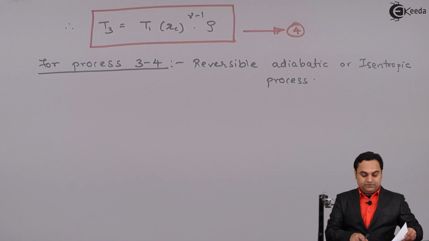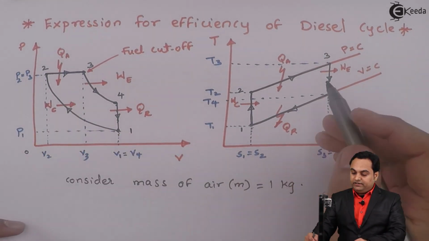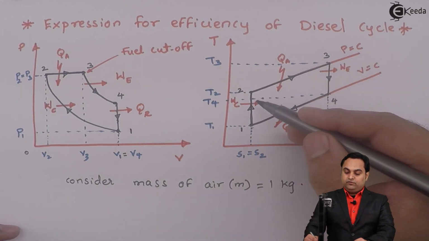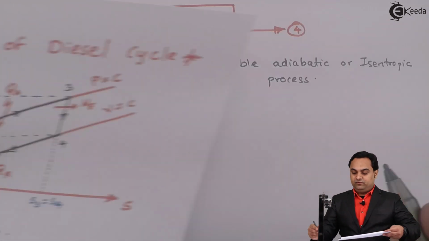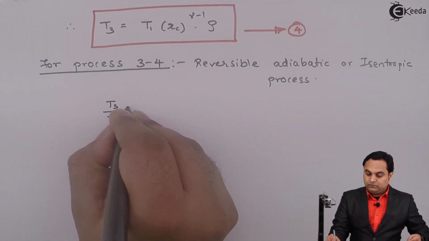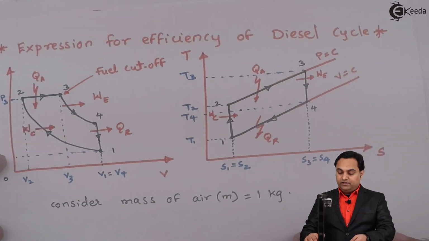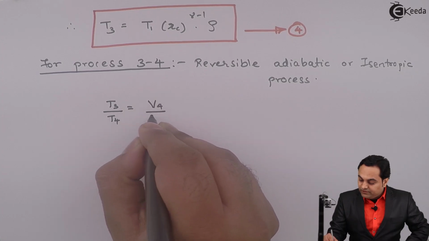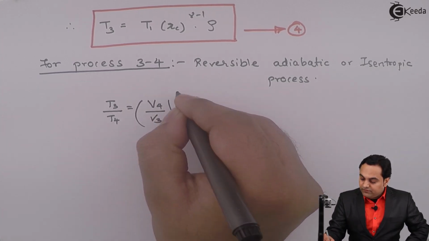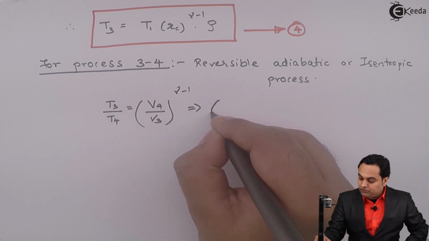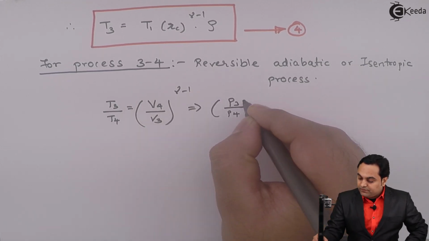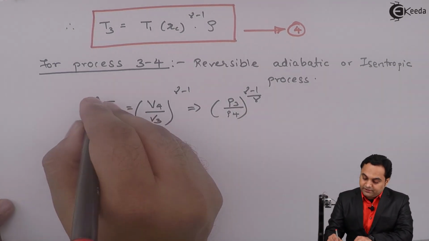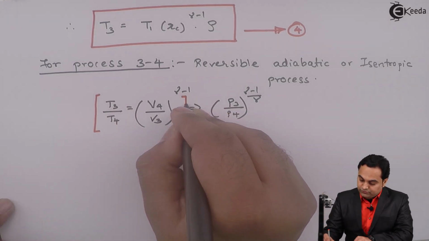Now for this process 3 to 4, as I have written previously T2 by T1 for compression, here I will write T3 by T4 is equal to V4 by V3 raised to gamma minus 1, and that is also equal to P3 by P4 raised to gamma minus 1 upon gamma, but here we are interested only in the temperature and volume relation, so I'll use only this first term.